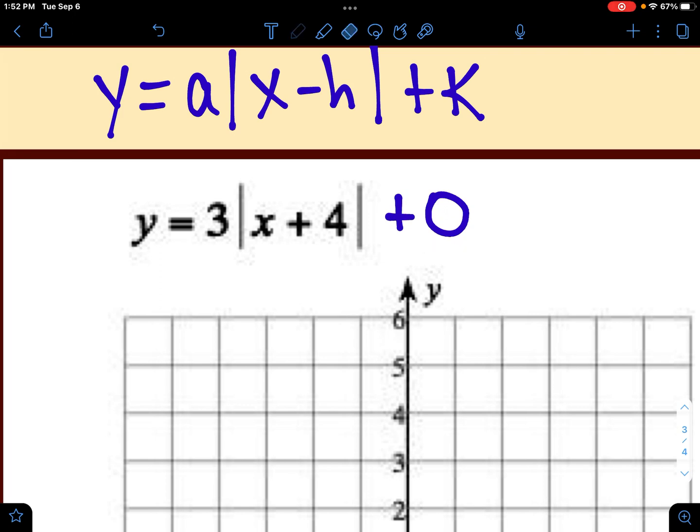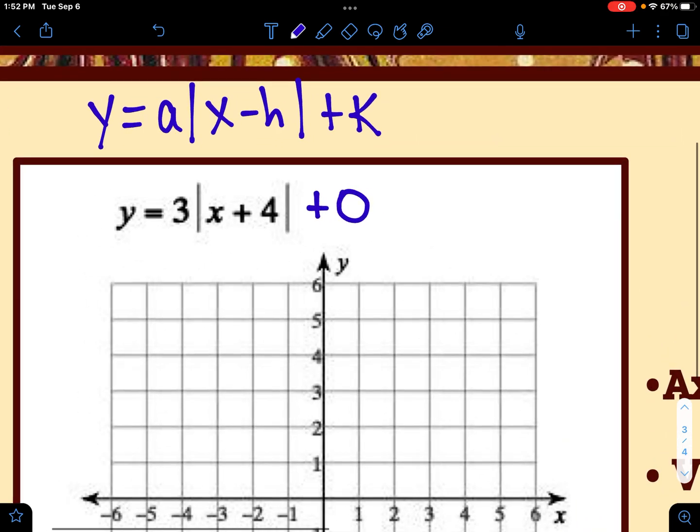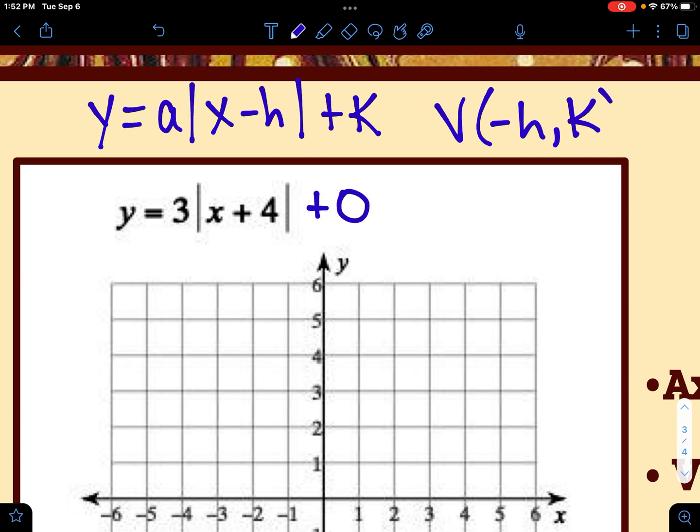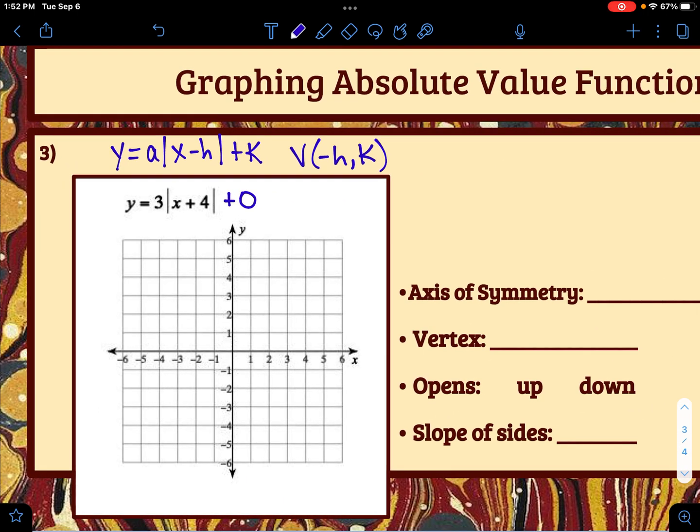So I might fill that in to help my brain. And then my vertex is negative h comma k. So my vertex is going to be change the sign on h, keep the sign on k. My A is positive, so this looks like it opens up.